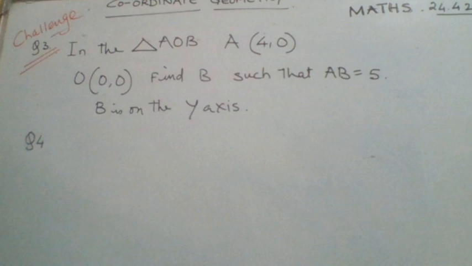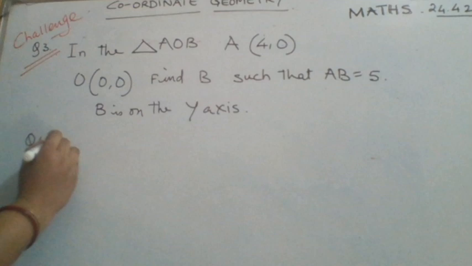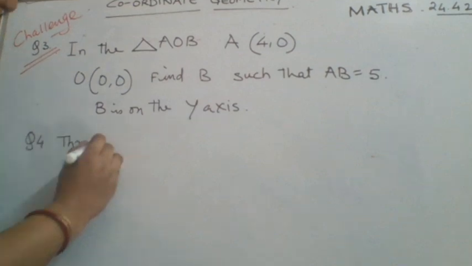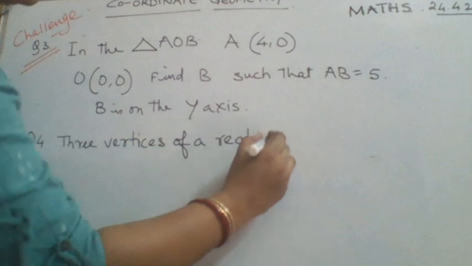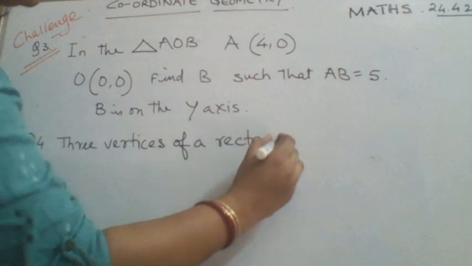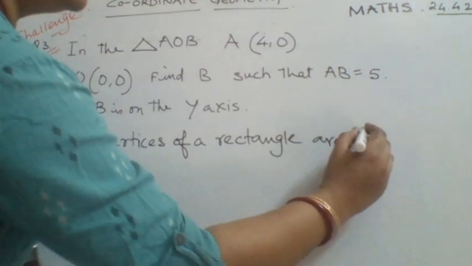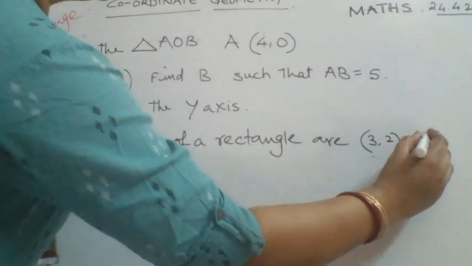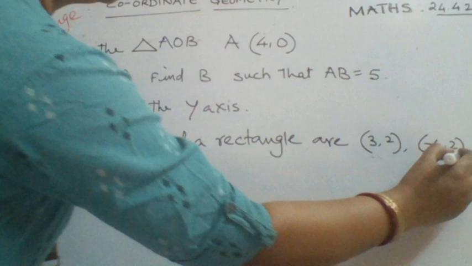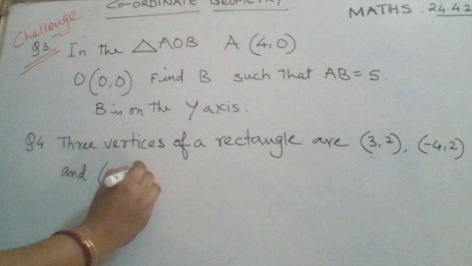Then another question. 3 vertices of a rectangle are 3, 2, then -4, 2 and -4, 5.